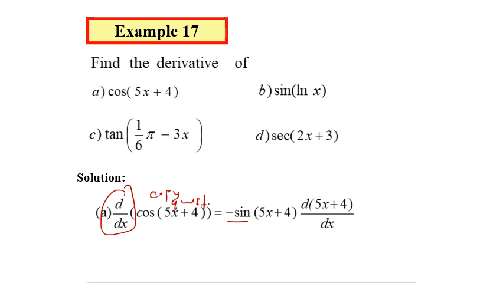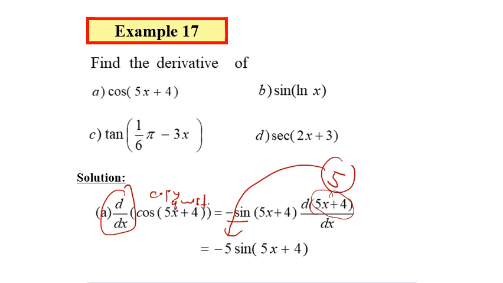And then inside here, we have 5x minus 4. So this notation is just to mention that we still have to differentiate this one. After we differentiate this one, we got 5. So 5 we bring to the front. So the final answer would be negative 5 sine in bracket 5x minus 4. Okay, so that's for the first question.